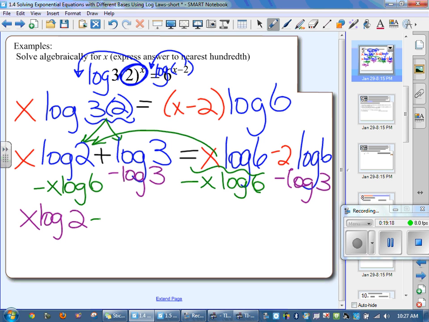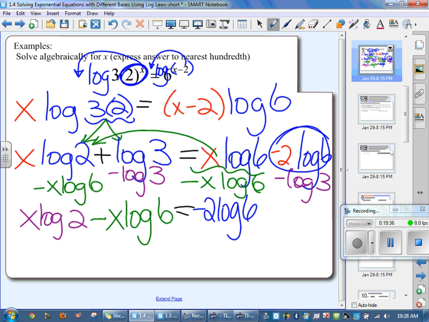On the right-hand side of my equal sign now, my negative 2 log 6 right here originated on that side. It started there, so it's got to be first on that side. Then I put the negative log 3 after it. So minus log 3 goes after.